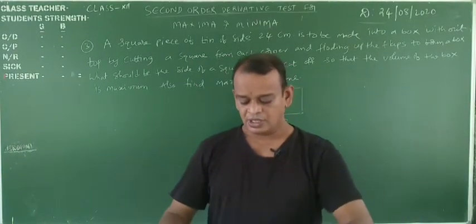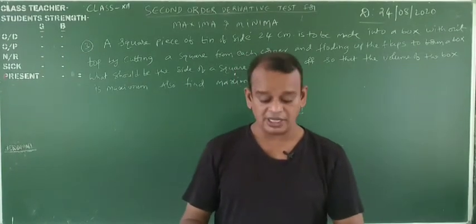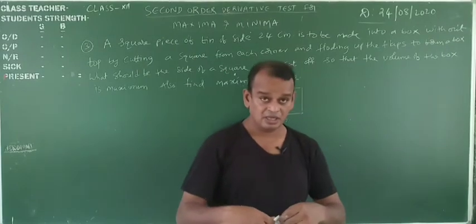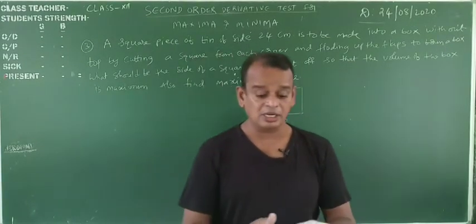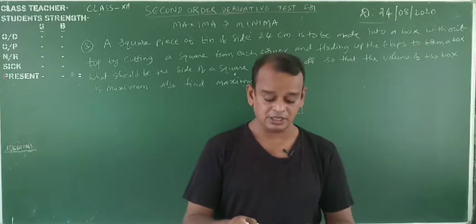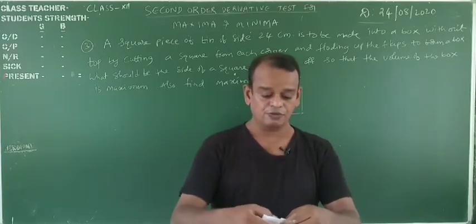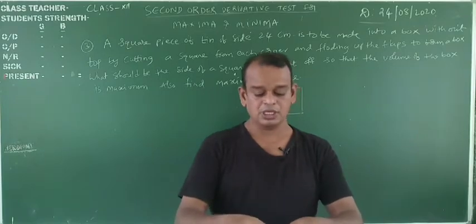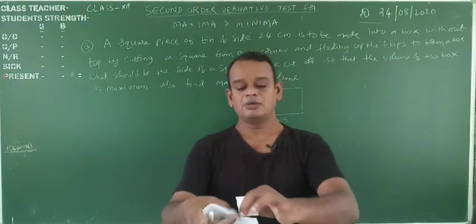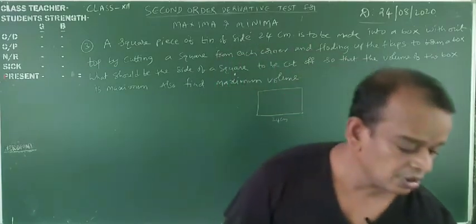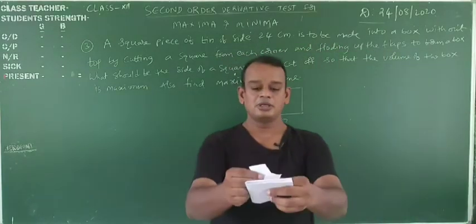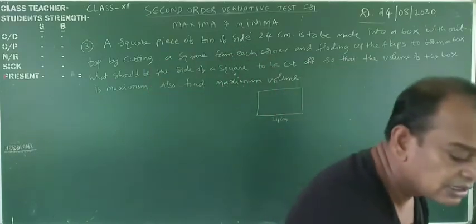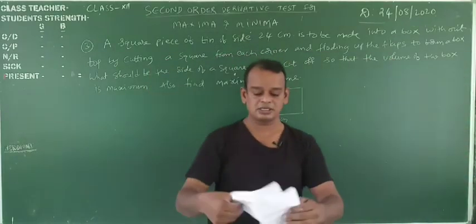Suppose let small x be the length of the side of the square cut from each corner of the metal sheet. Four squares of the same length you should cut. 1, 2, 3, 4 squares are cut at the corners.